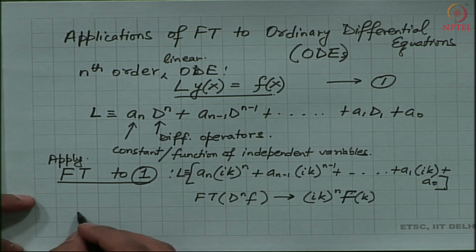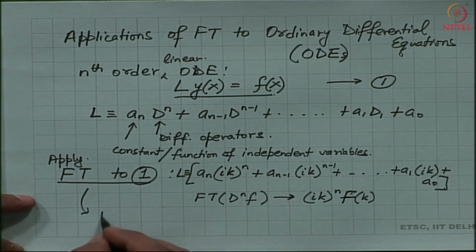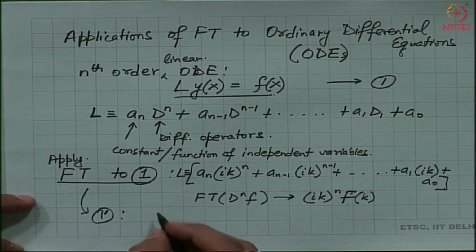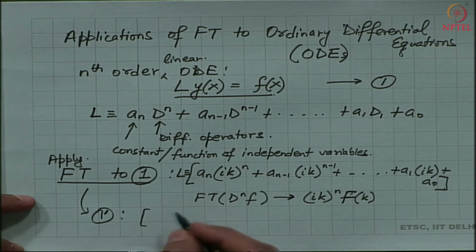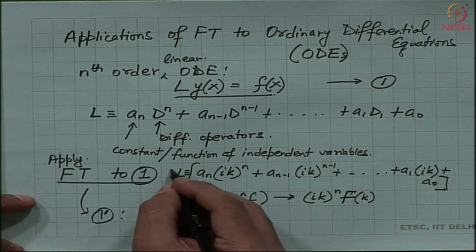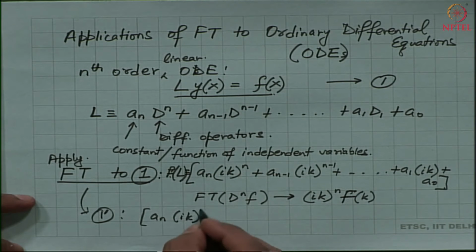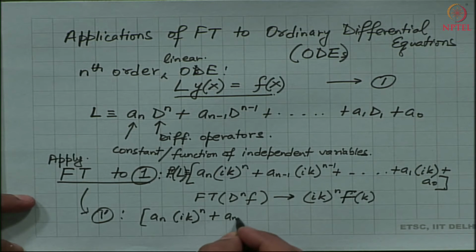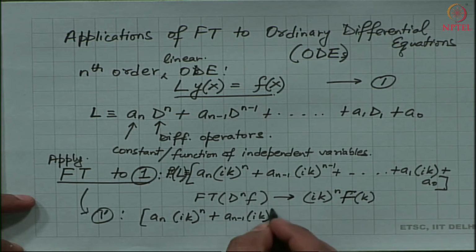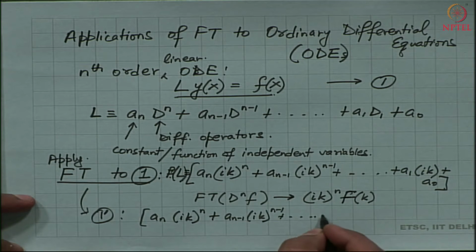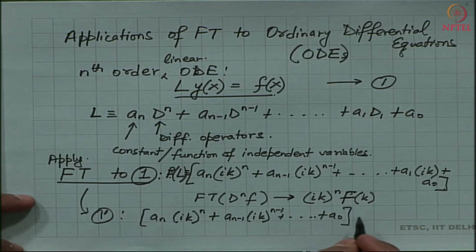So from 1 I get this 1 prime, let us say. So this is my Fourier transform of the L operator. Okay. So I get the following expression now: a_n (ik)^n plus a_{n-1} (ik)^{n-1} and so on plus a_0, times the Fourier transform.